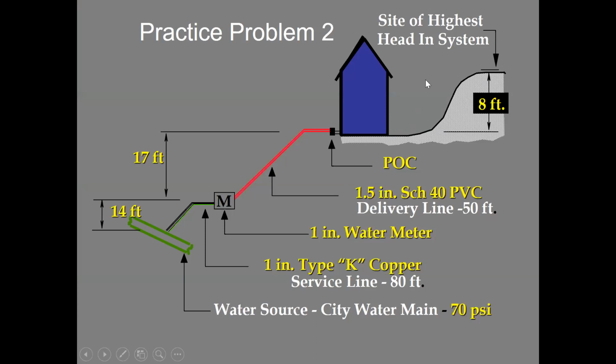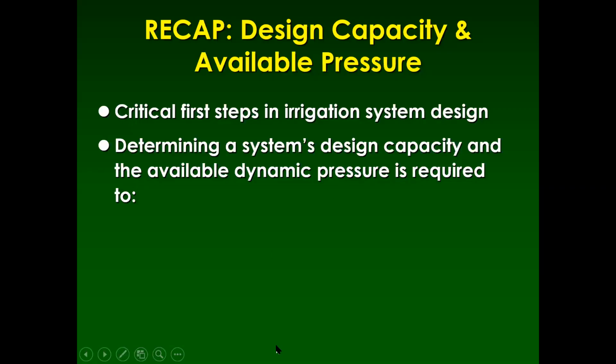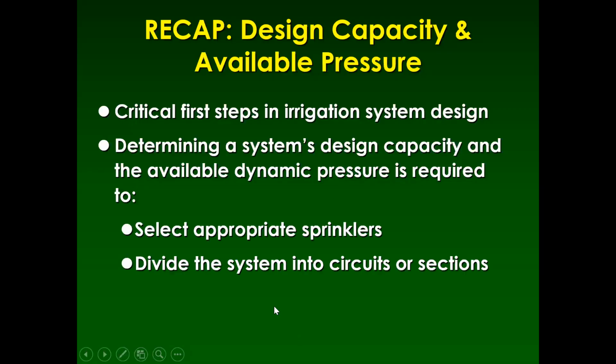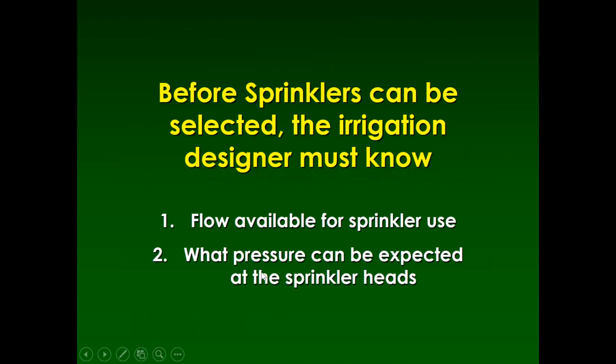So why make a larger pipe if we don't have that flow already? This helps us size everything and divide it into appropriate components. Before we select sprinklers, as a designer, or even as somebody looking at how this was built, we need to look at the flow available for each sprinkler use and what pressure can be expected at the sprinkler heads.